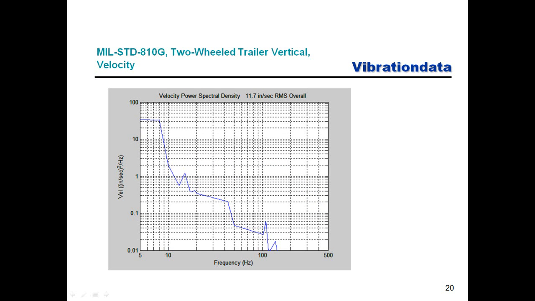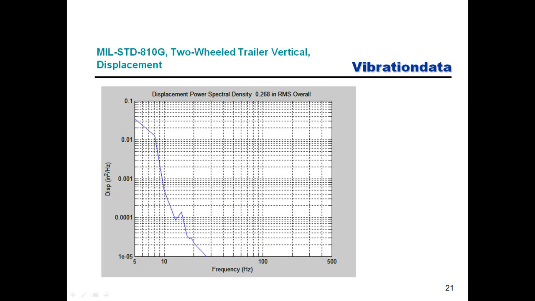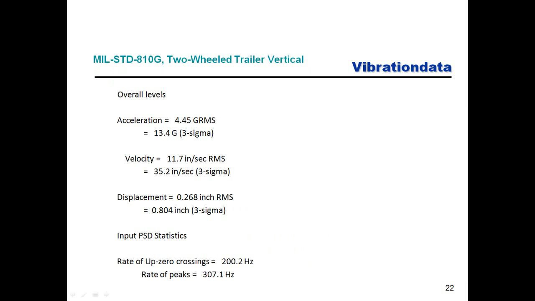You've seen this before. The corresponding displacement, and you've seen this before as well. And then the summary of the descriptive statistics, shown here in a larger font. Again, you could use these to determine whether or not this test could be performed on your in-house shaker table system.